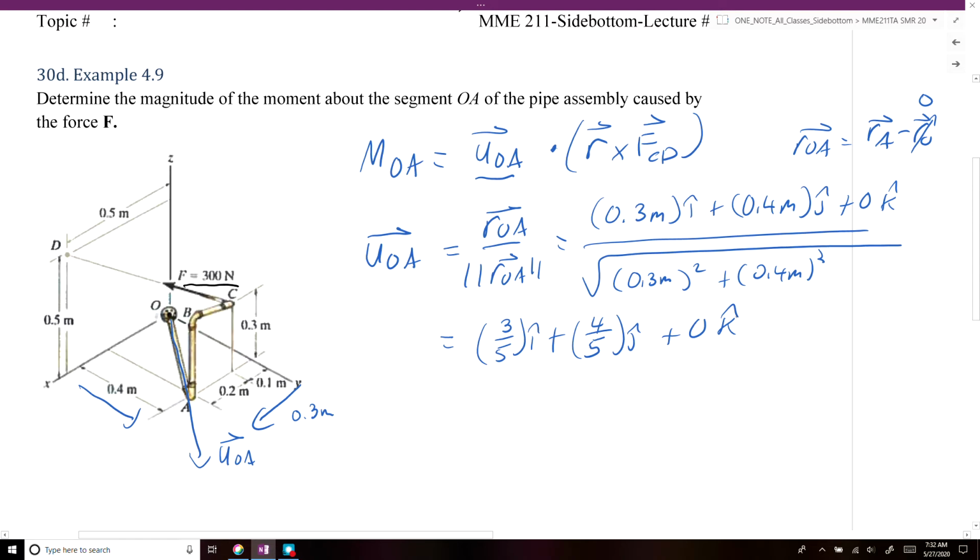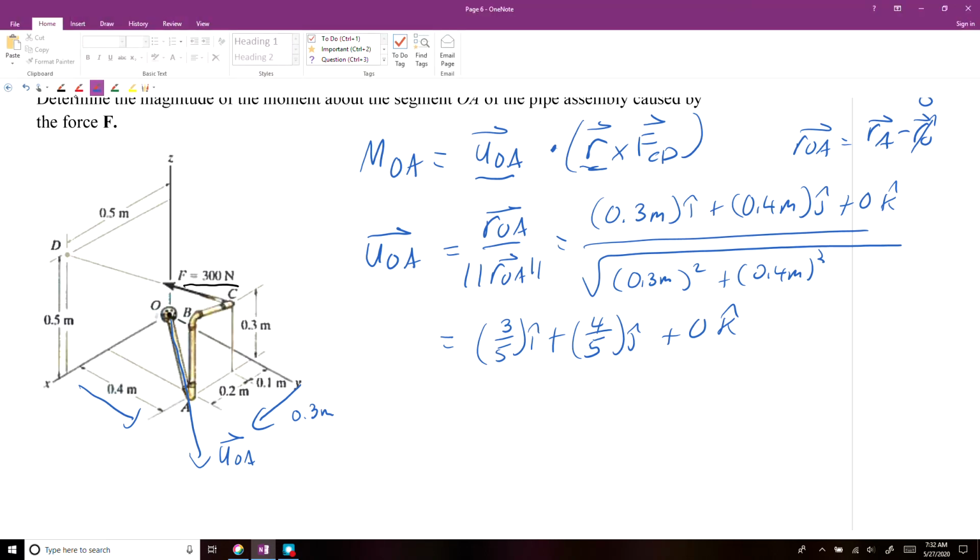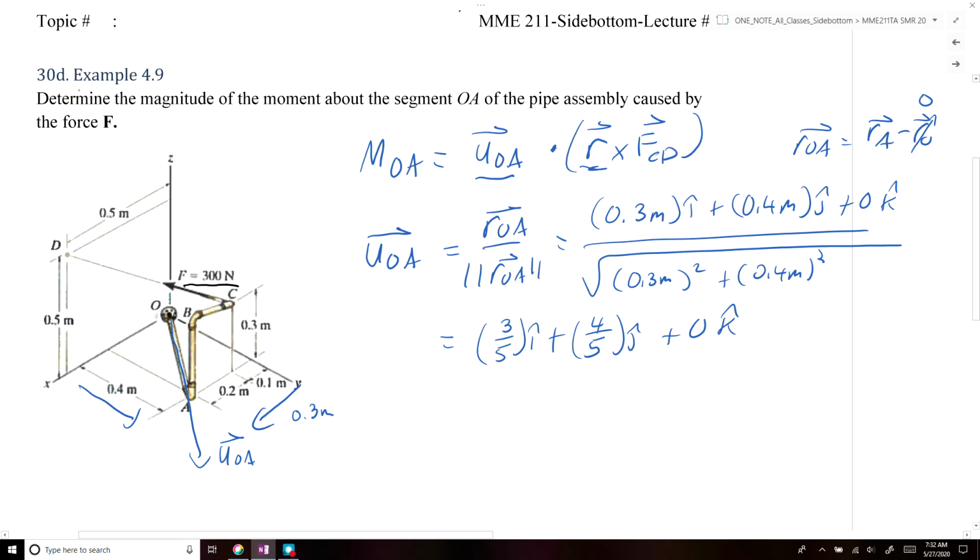All right. So then our next step is our position vector r. You could define r from any point on our axis to where the force is being applied. So r could be any of the following vectors.